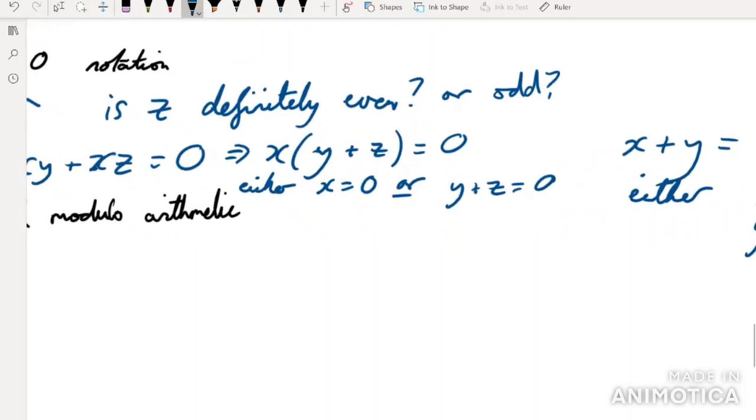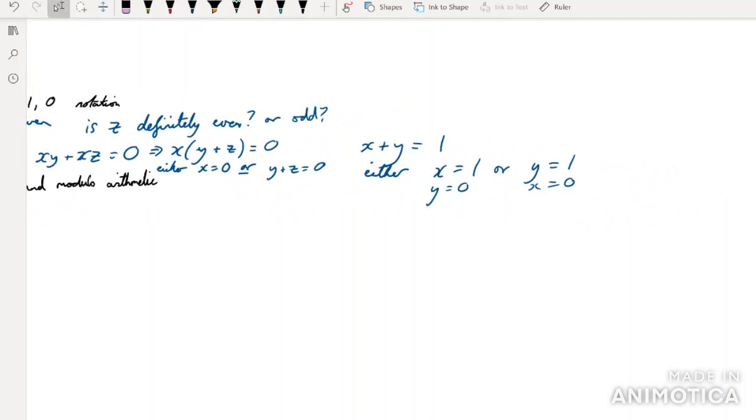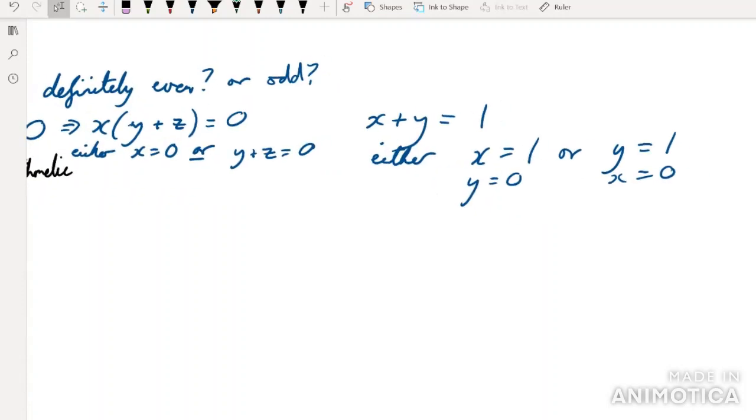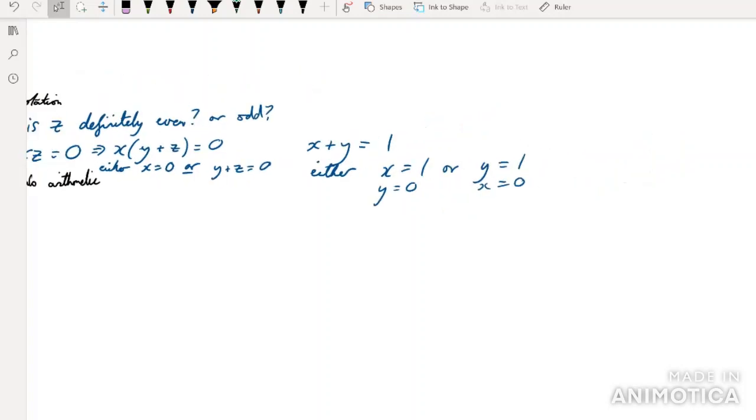So what we've got is that, and then we want to know what can we say about z. Well, if x is 1, then we know y is 0. We just want to run through our cases. So if x equals 1, y equals 0, and then returning to this, we know that we must have this thing being true, and so in that case, z equals 0.